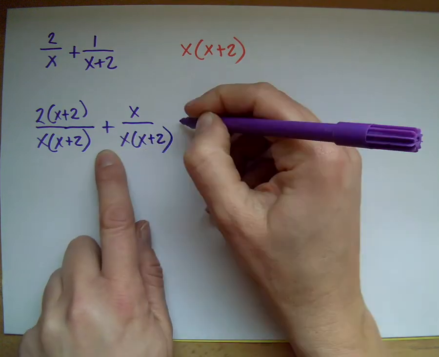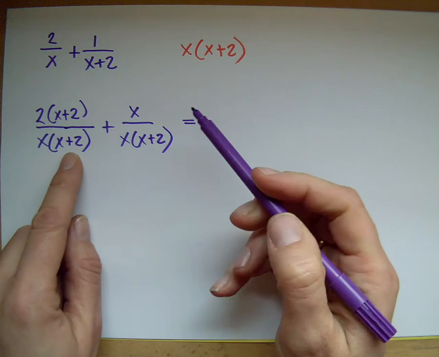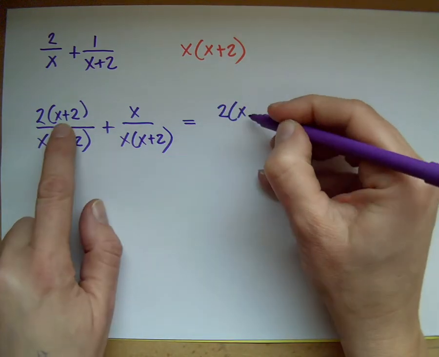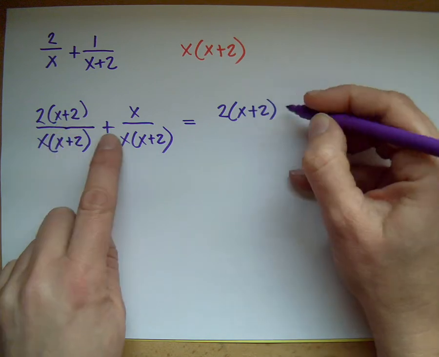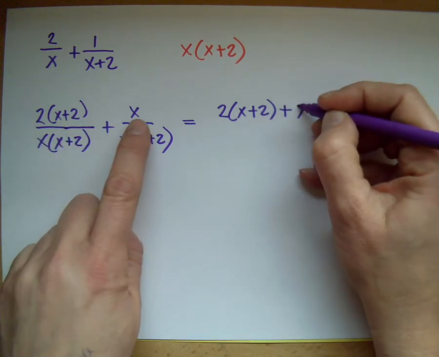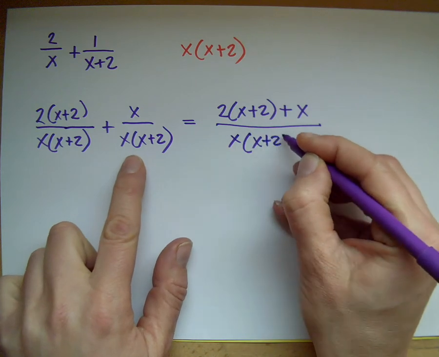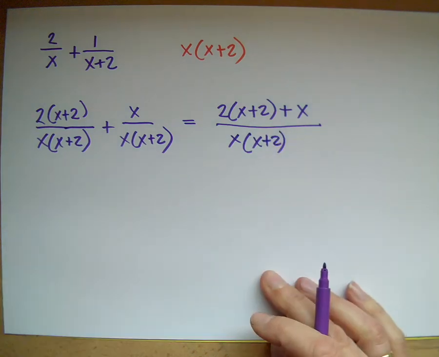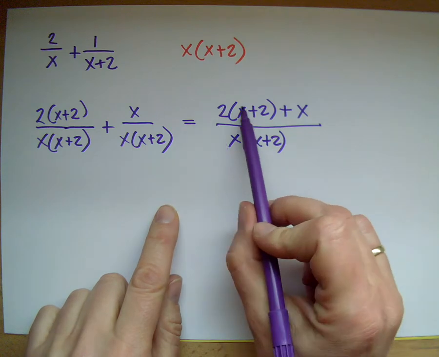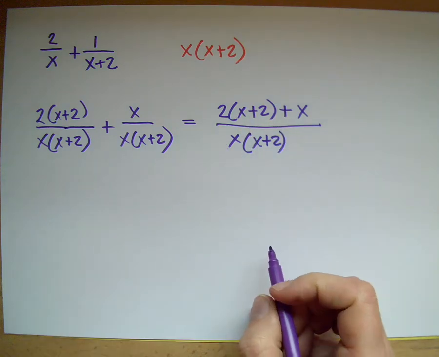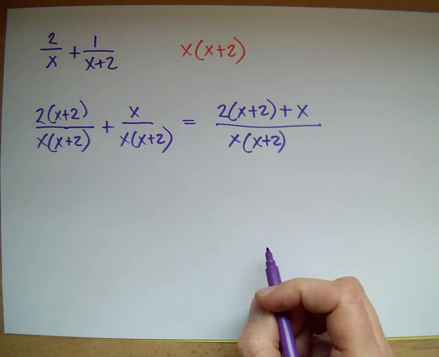Now we can simply add these things because they have the same denominators. So it's 2 times x plus 2 plus x divided by this very nice common denominator. Voila. Now, we are going to expand this and see what happens.